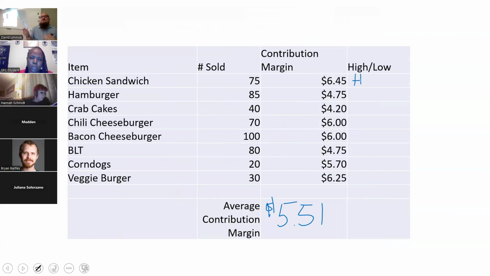On your back page, the top right, in this last column, you're going to write H or L for higher or lower than average. $4.75 is lower, $4.20 is lower, both of our $6 are high, $4.75 is just below, $5.70 is just above, and $6.25. That is how we get high and low for contribution margin. Find the average, and then compare each one.